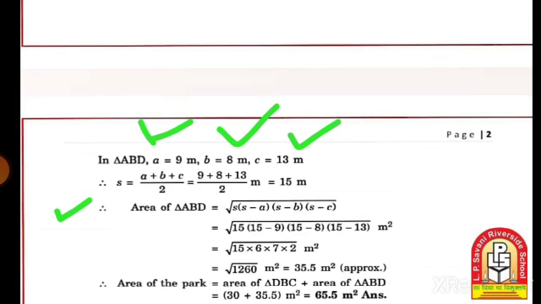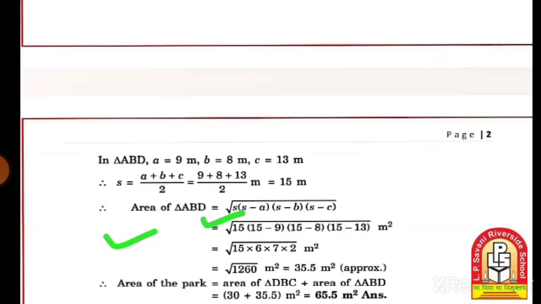So S is equal to A plus B plus C by 2. A is 9 meter, B is 8 meter and C is 13 meter. So 9 plus 8 plus 13 divided by 2, that is 15 meter. Area of triangle ABD is the square root of S into S minus A, S minus B and S minus C. So here the semi perimeter S is equal to 15 meter.